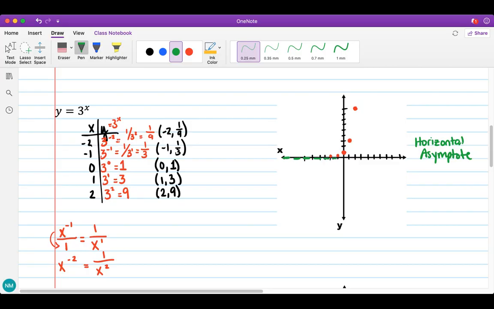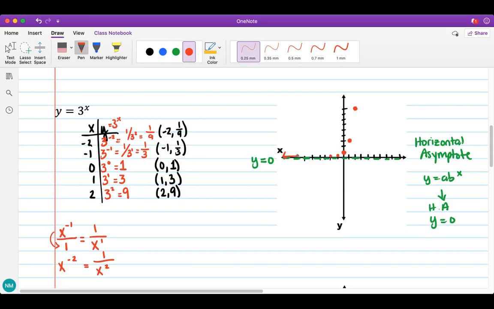So just know that for any basic function, y equals ab to the x, my horizontal asymptote is y equals 0. This line right here is y equals 0, which by definition, the horizontal asymptote is a line that the function infinitely gets closer to, but will never, ever touch or cross.